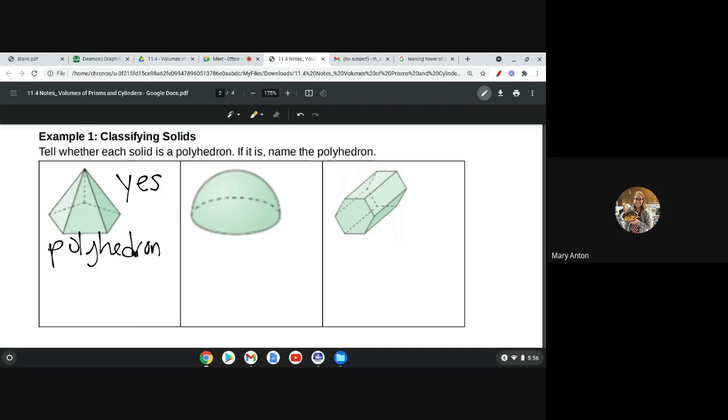Is it a prism or a pyramid? You see there is one base, a 1, 2, 3, 4, 5 pentagon base, and a point here. So we can actually call this a pentagonal pyramid. Pentagonal, like a pentagon, the base is a pentagon, pyramid.